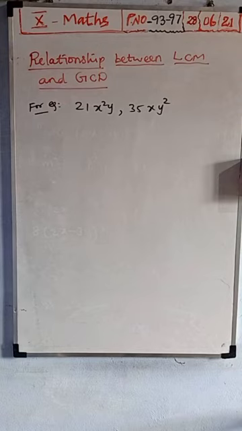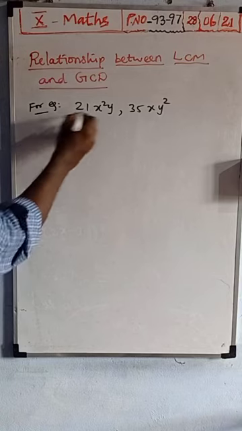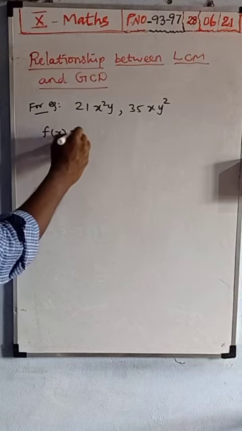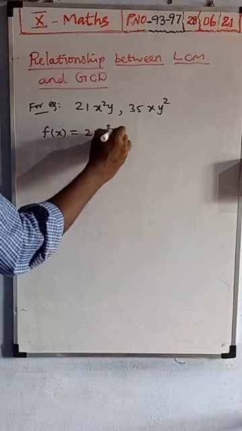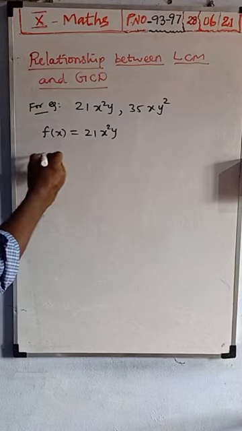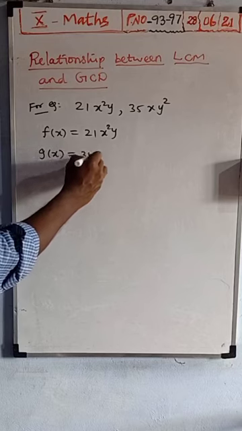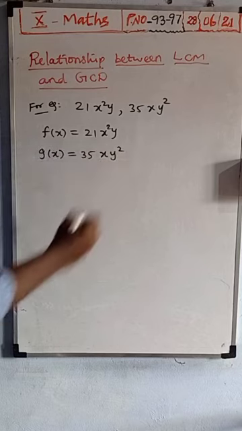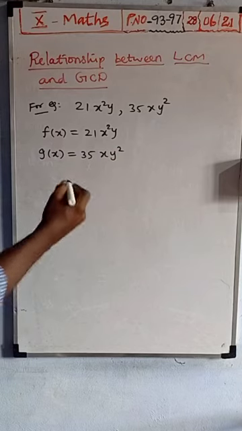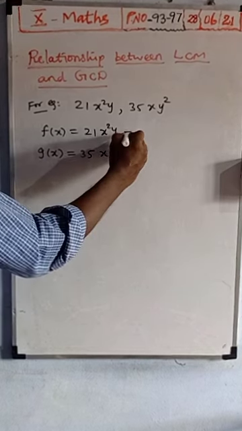In that, first we want to find the LCM and GCD. First choose f of x, the first expression, 21 x squared y. Next, g of x, the next one, 35 x y squared.